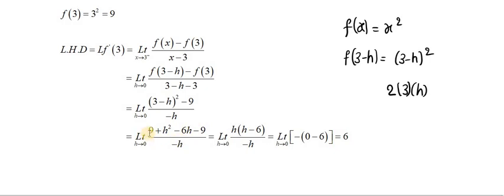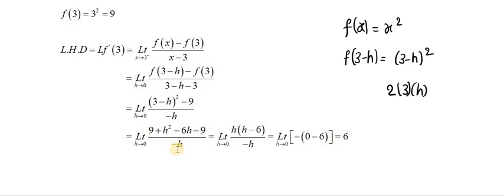So, a square plus b square minus 2ab, minus 9 as it is, minus h is also as it is. Now, observe the numerator. In the numerator, we have positive 9 and negative 9. So, cancel those two terms. Then, we are going to get h square minus 6h.